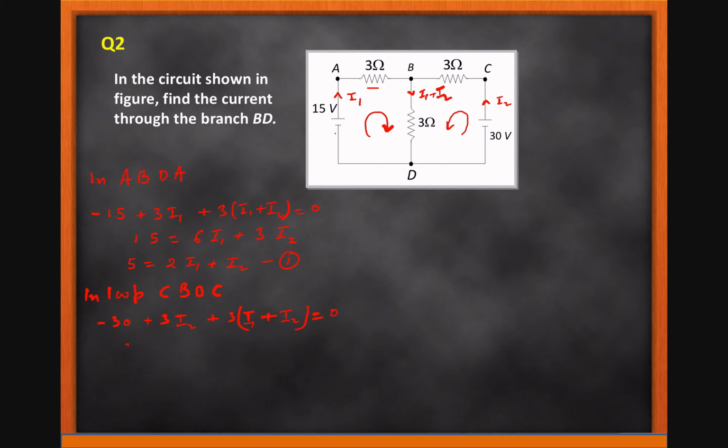So we will get 30 is equal to 6 I2 plus 3 I1. If we divide the equation by 3, we will get 10 is equal to I1 plus 2 I2, equation number 2. Now solve equation 1 and 2.